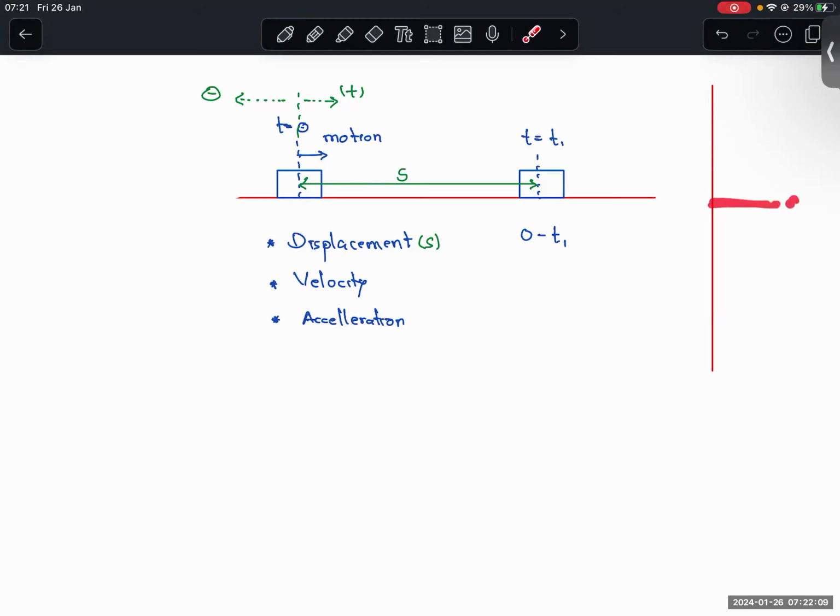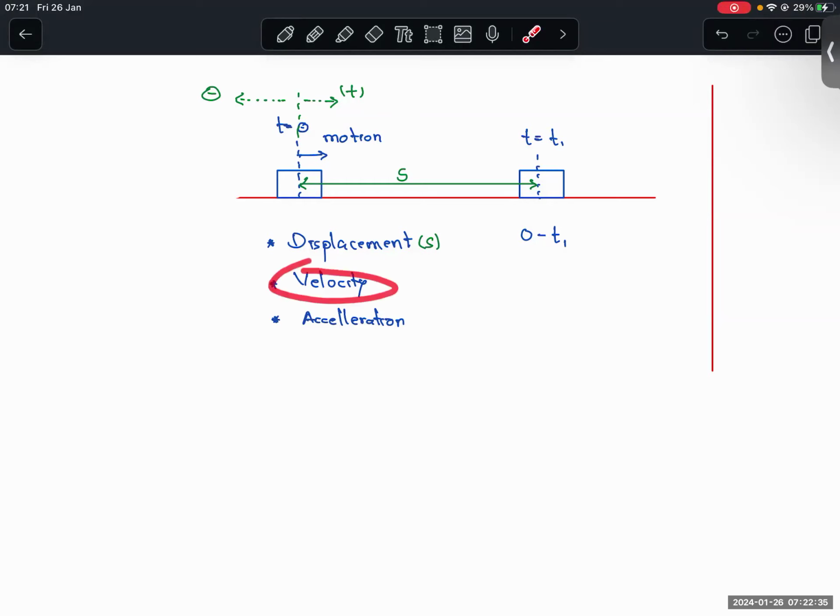If you take this 0, and upward displacement is considered positive and downward displacement negative, you can decide. That is decided according to how you want it to be. There is no hard and fast rule for deciding a sign for displacement. Do you guys get that?